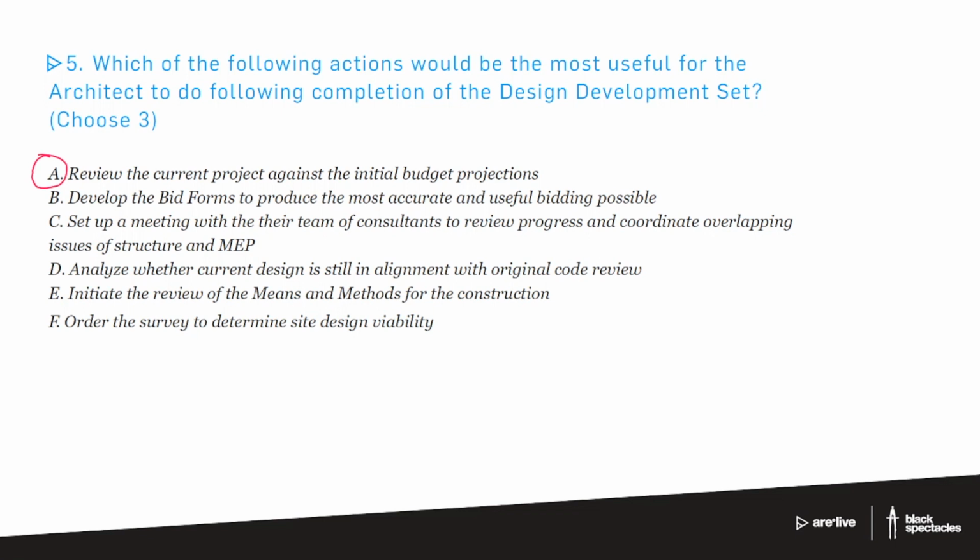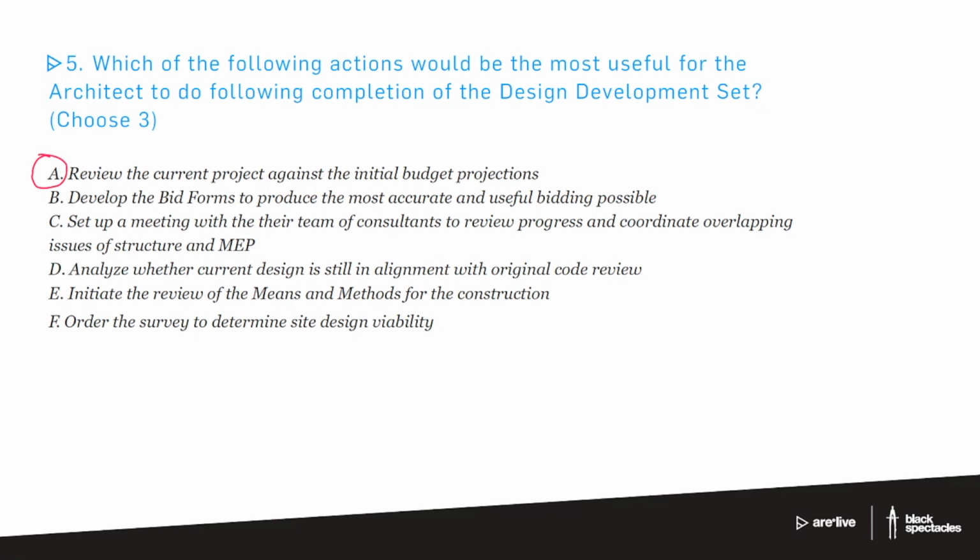Let's look at B. Develop the bid forms to produce the most accurate and useful bidding possible. That is absolutely true at some point, but not yet. You can't be putting together the bid forms at the design development stage. You're not there yet. You have to wait until you have more information.